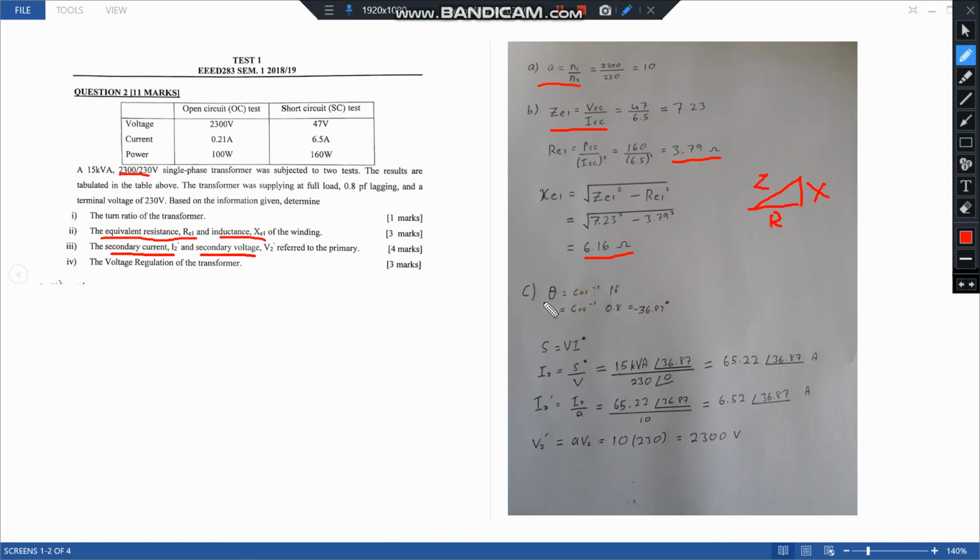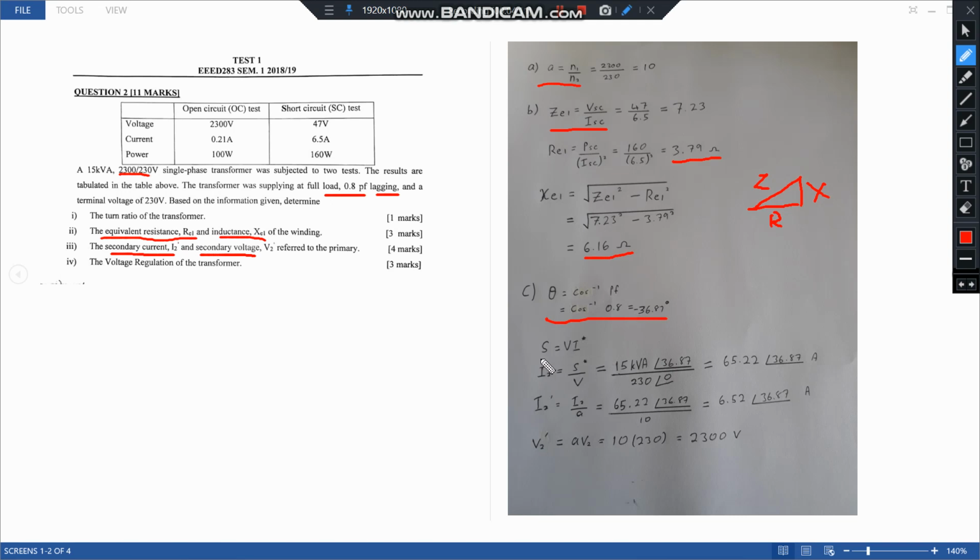Then you can simplify the formula into this. The PF already given in the question is 0.8 and lagging. So basically you will get 36.87 degrees. Because it's lagging, it will be negative.